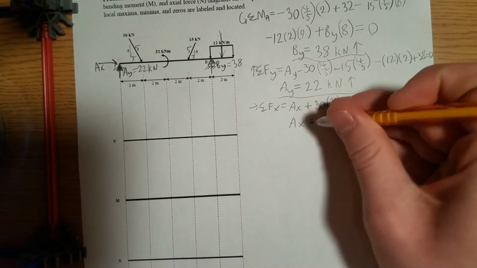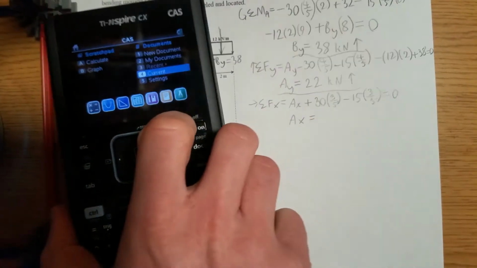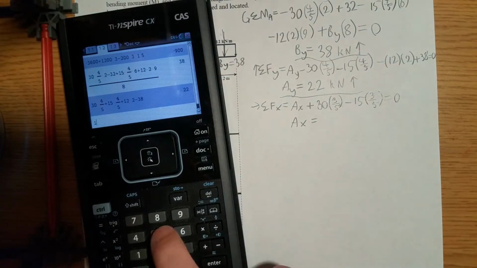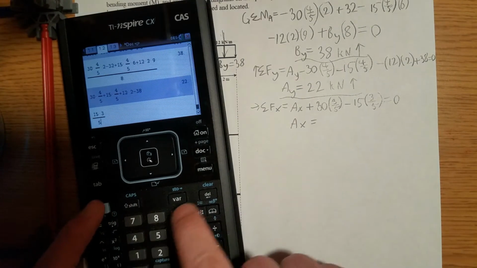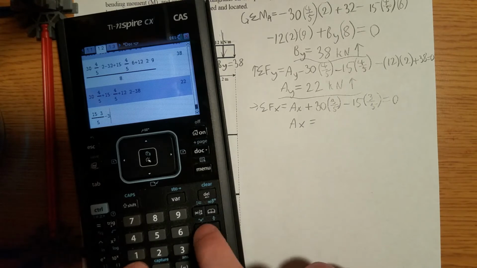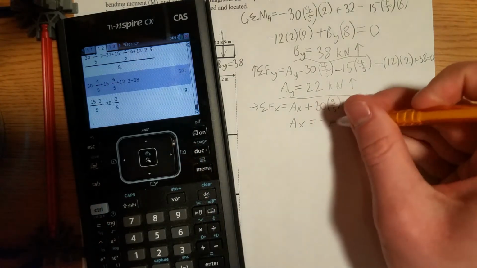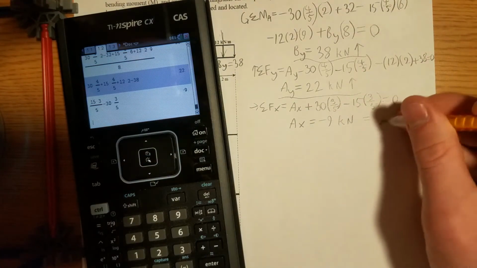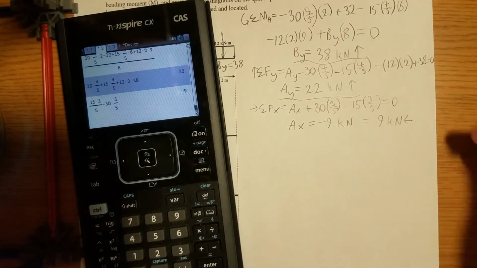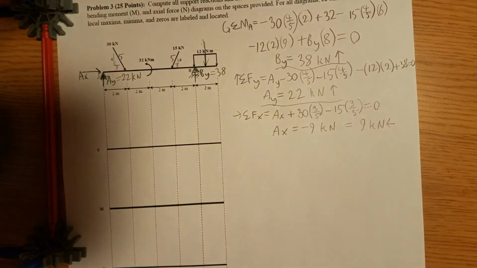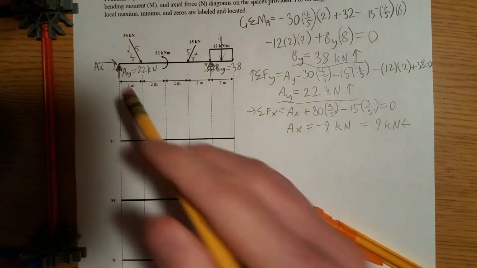So we calculate this out. We get AX is equal to 15 times 3/5 minus 30 times 3/5. We're going to end up getting negative 9 kilonewtons, or equal to 9 kilonewtons to the left. Well, I'm going to revisit our free body diagram here.